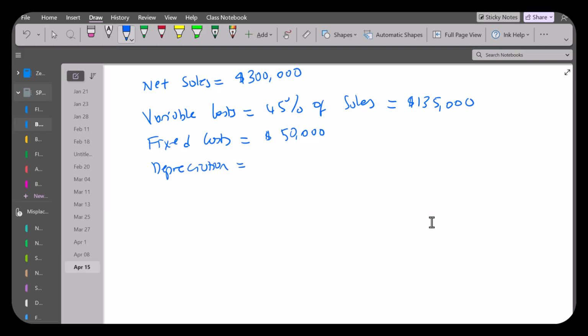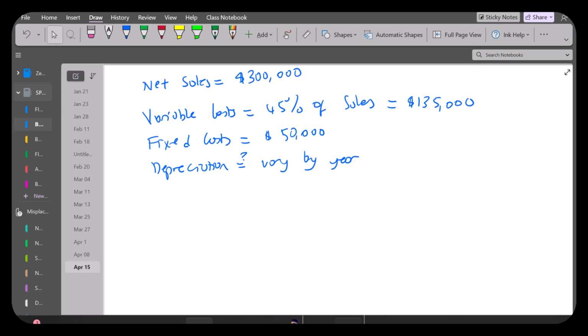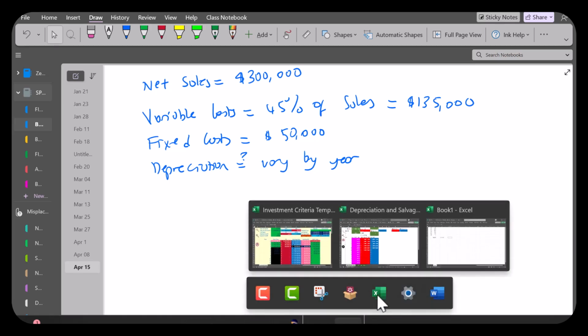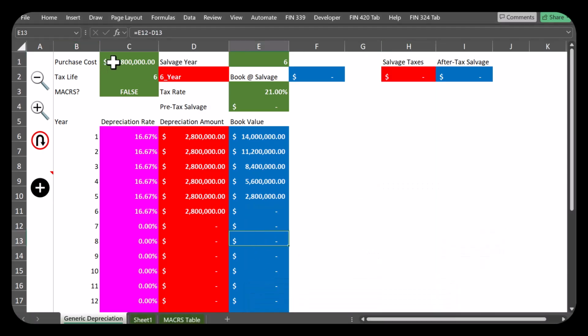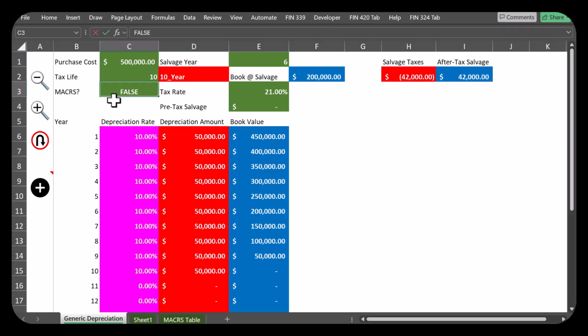Depreciation is going to vary by year because it's MACRS. That means we're going to have to go ahead and use our template. So let's go to our template file. We're spending 700,000. Tax life is 10 years. It is MACRS, so I'm going to enter through here.